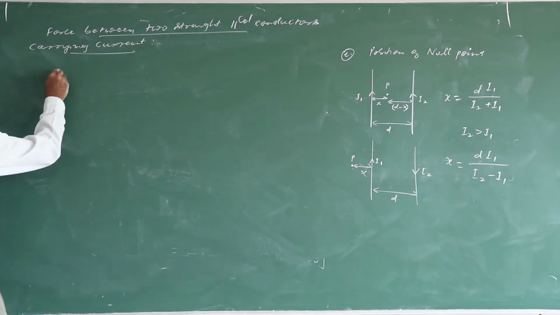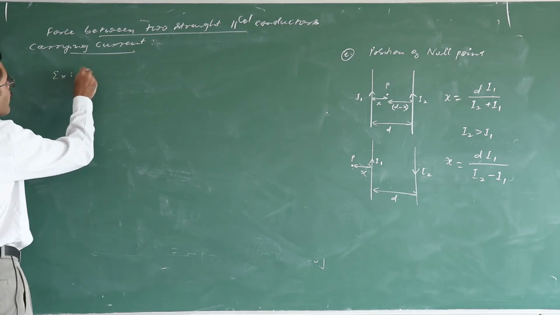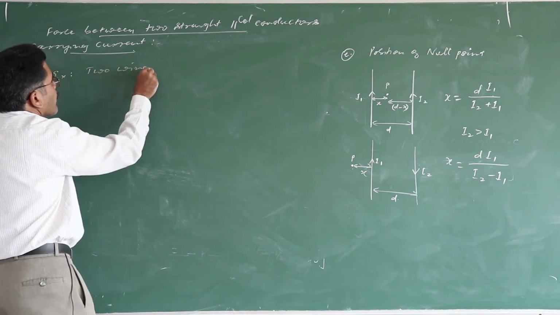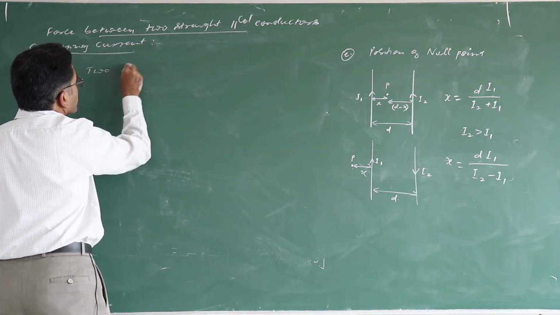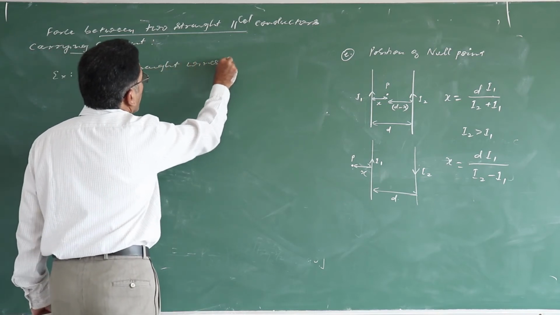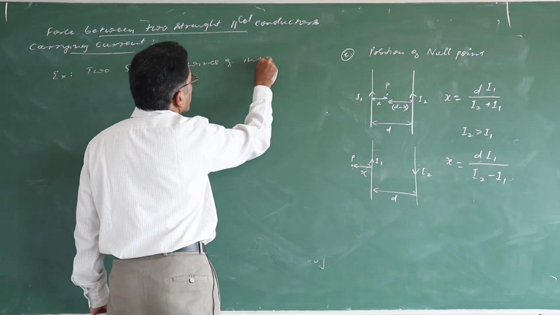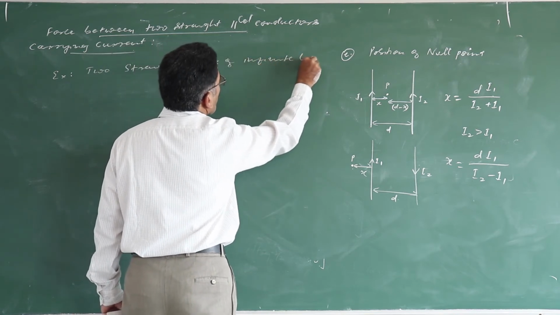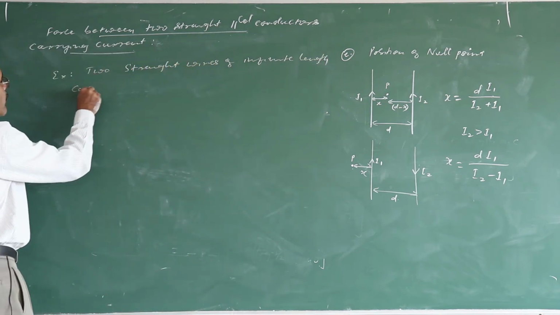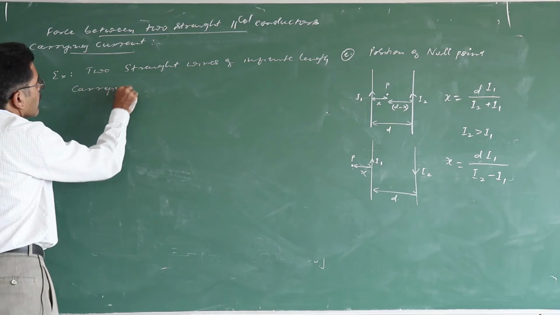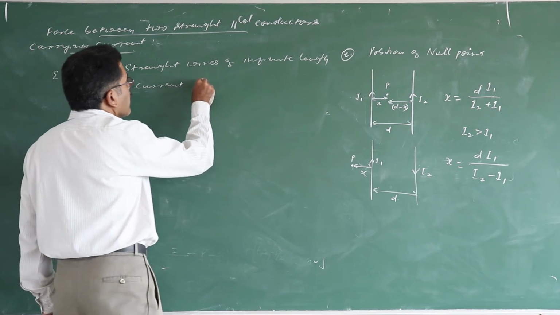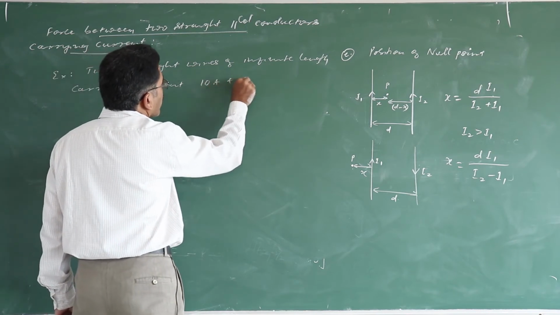Example: two conductors, two straight wires of infinite length, carrying current 10 ampere and 15 ampere.